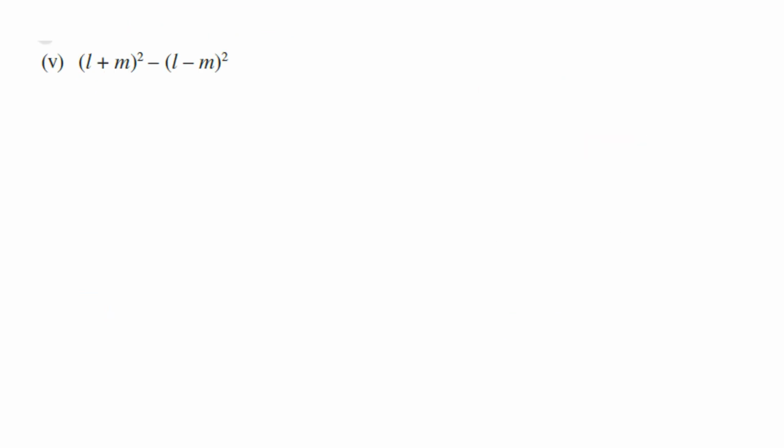Now question number 5. It is L plus M whole square minus L minus M whole square. So in this question, you can take A as your L plus M. Okay, this is your A and this is your B. Now I can use the identity A square minus B square, which is equal to A plus B into A minus B. So let's use it.